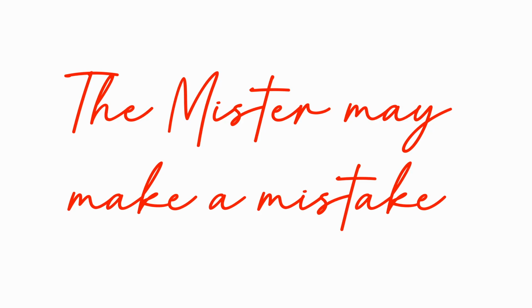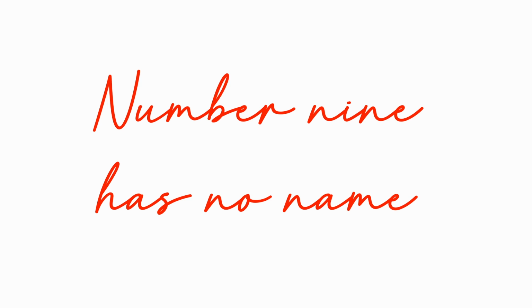The Mr. may make a mistake. We don't really say the Mr., but I just used it to show how we say m. N: no, name, nine. Number nine has no name.